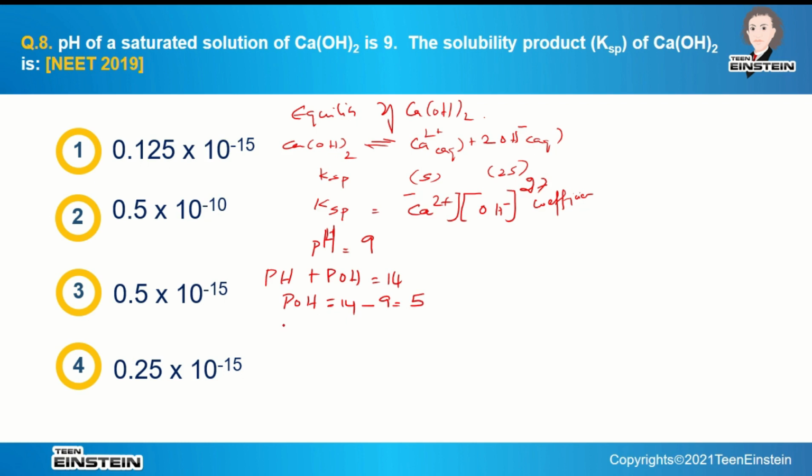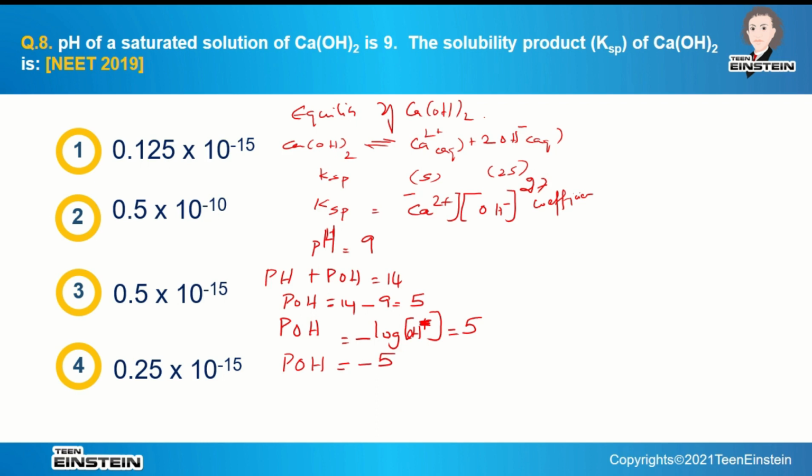So we know pOH is equal to minus log of OH− ions, which is equal to 5. So negative log of the concentration of OH− ion is pOH, that is, minus log [OH−] = 5.